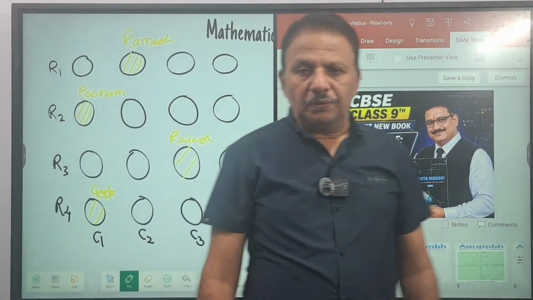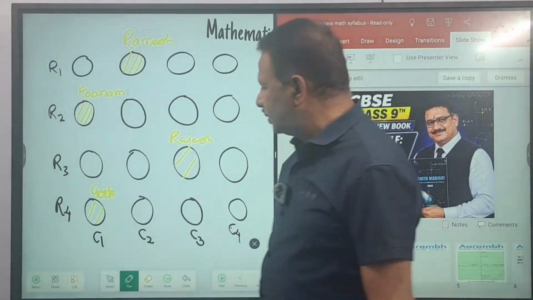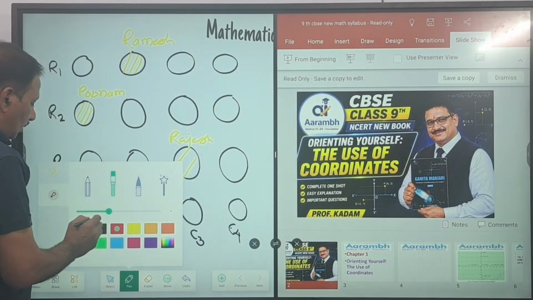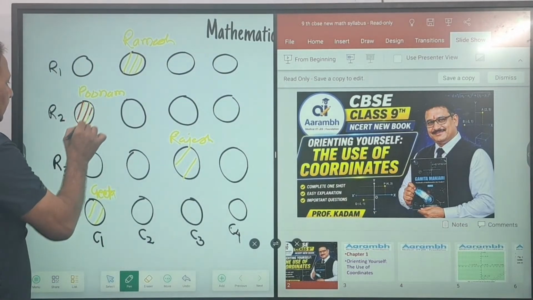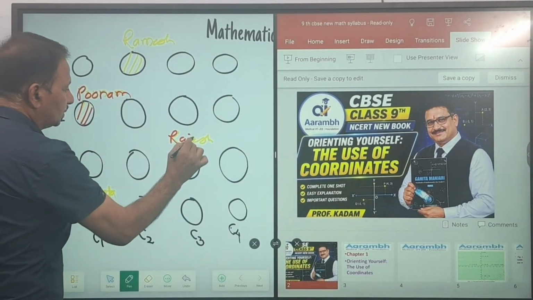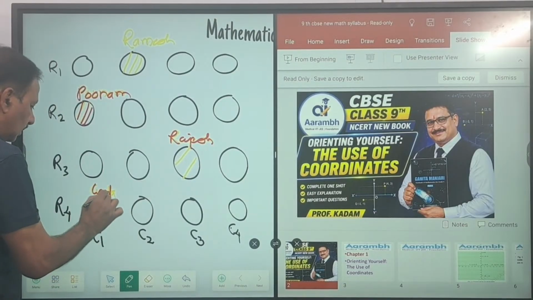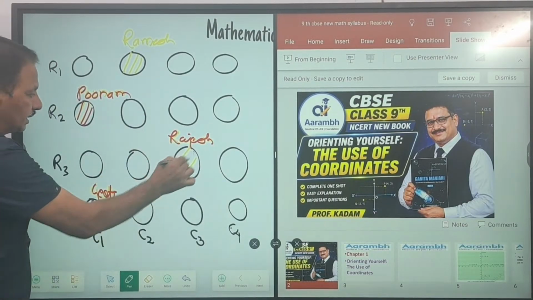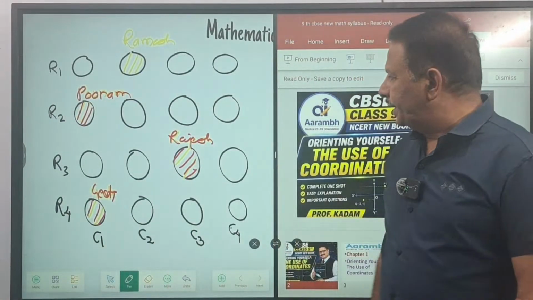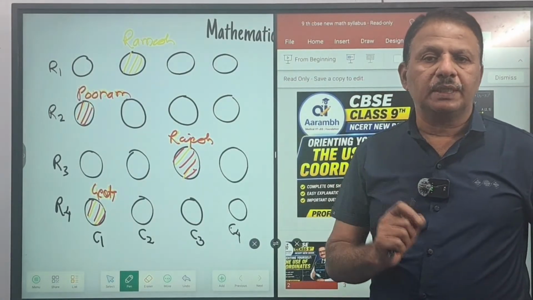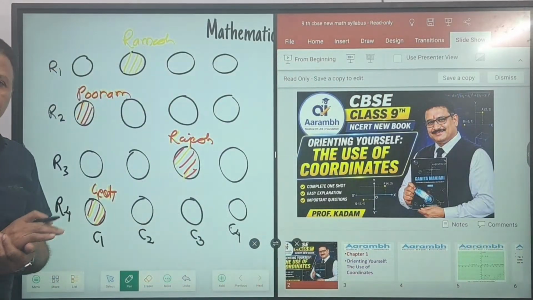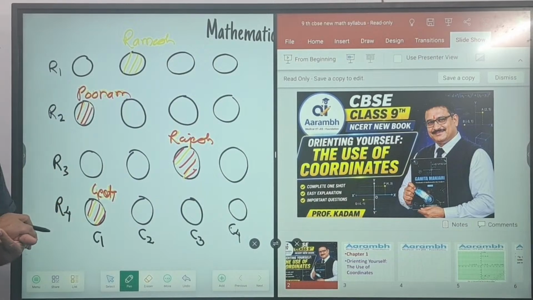I want to locate the position of these students just like this. These three students are seated in the class in this manner. I want to locate the position of every student in the class. First of all, let us find the location of every student in the class.